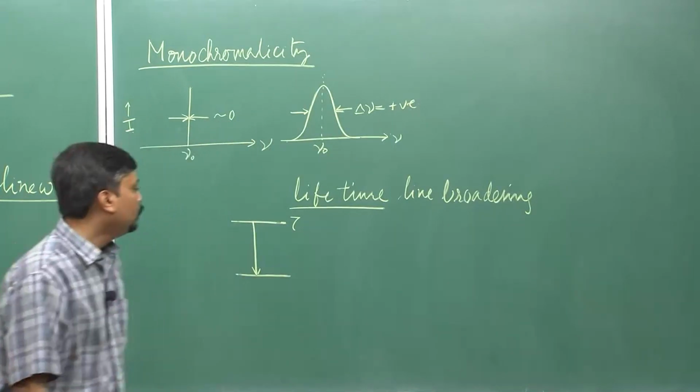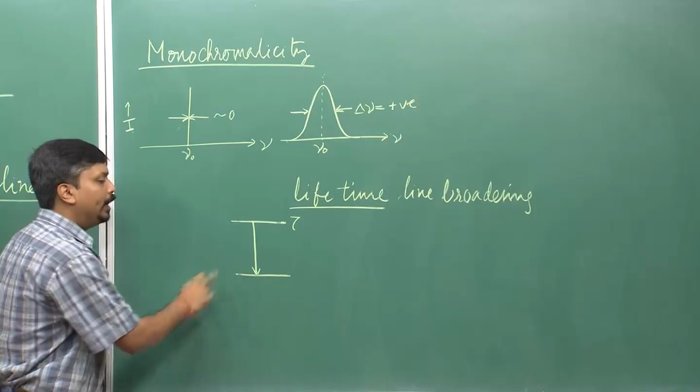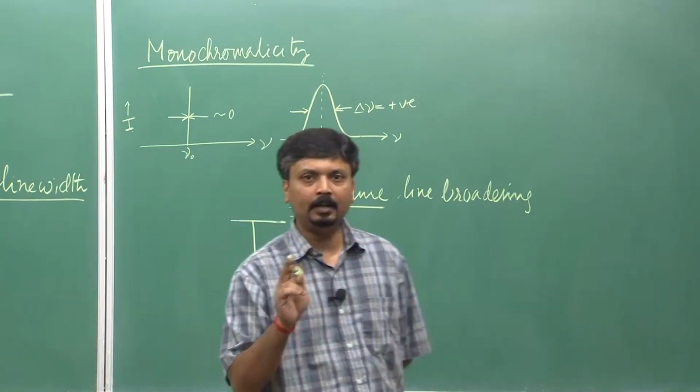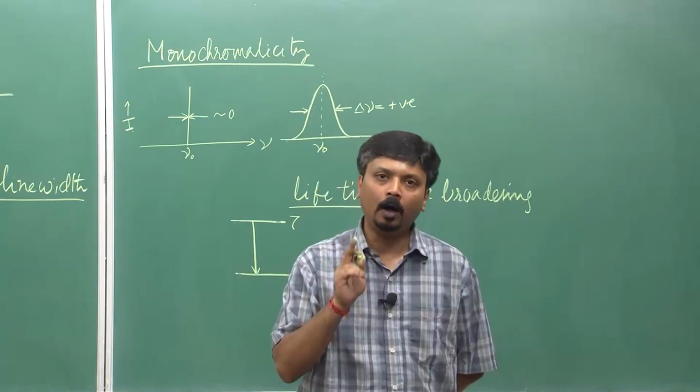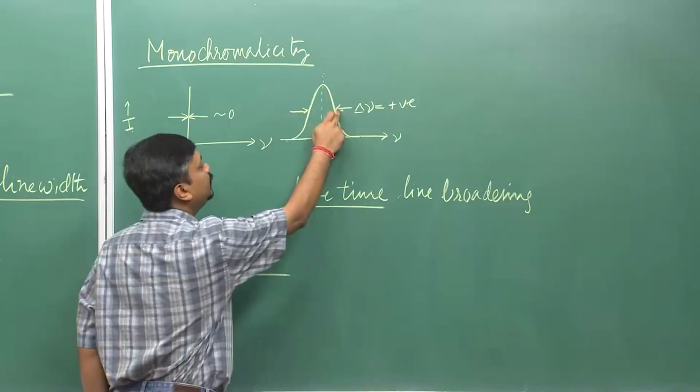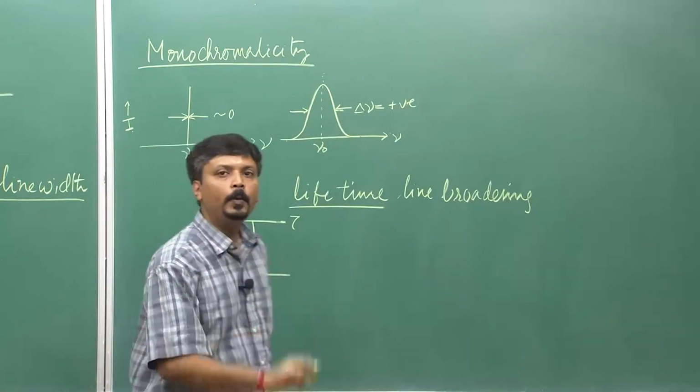If we cannot measure the frequency exactly, that means there is an uncertainty, and it is reflected in the spectrum by having a width.